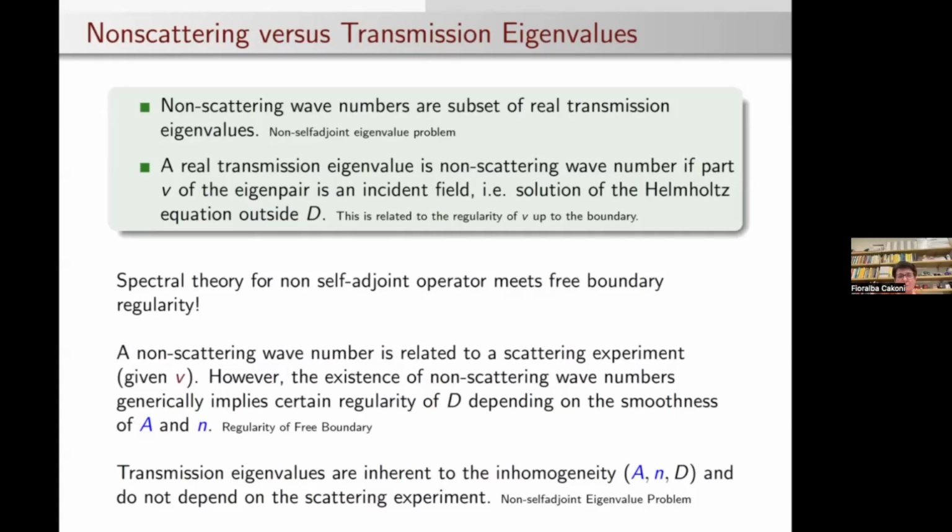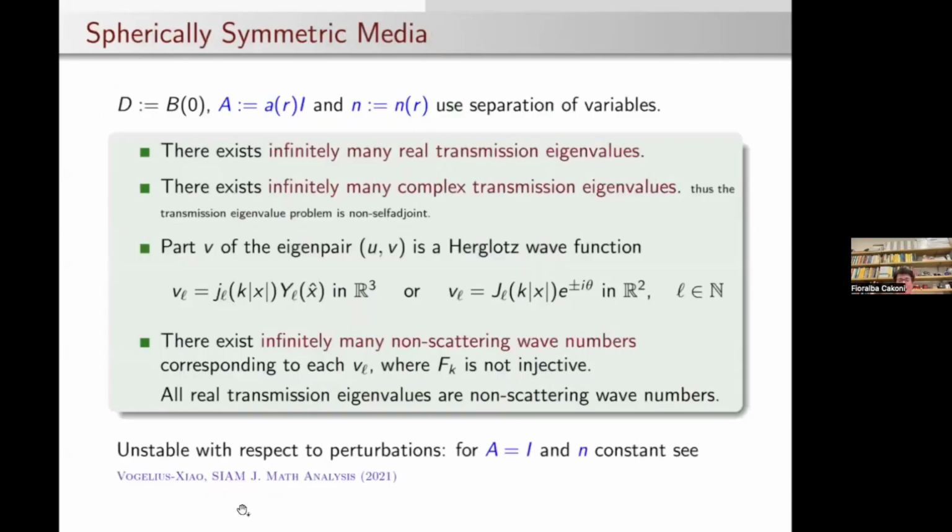So the transmission eigenvalues are inherent to the inhomogeneity. And as you'll see later, those transmission eigenvalues will help us to actually do some imaging of the inhomogeneity. So non-scattering is related to a particular experiment, while the transmission eigenvalue problem is a property of the inhomogeneity.